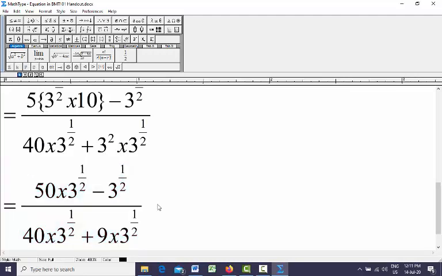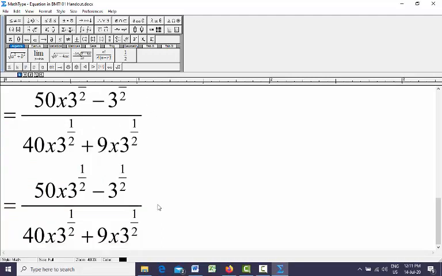Right, so now here also we have 3 to the power half, here also we have 3 to the power half. So 3 to the power half we can take common between both terms.